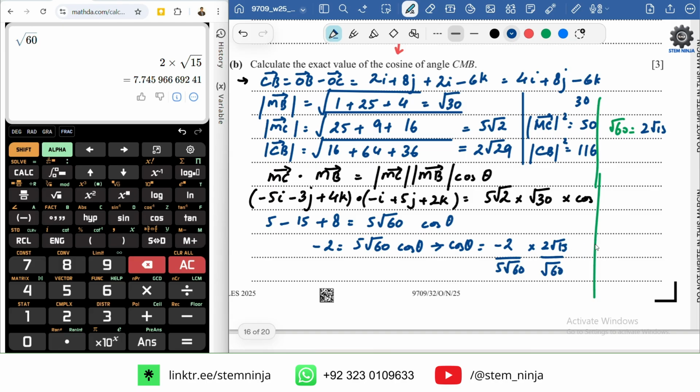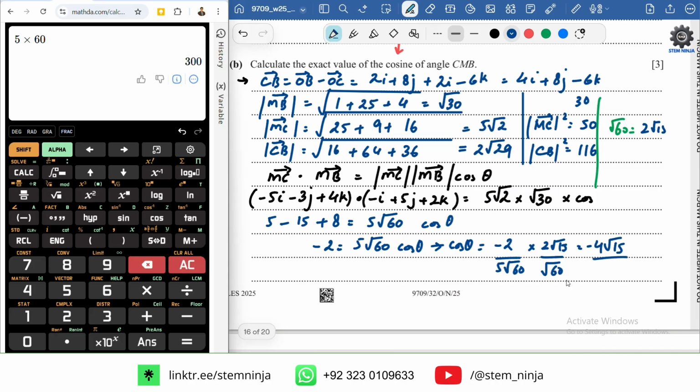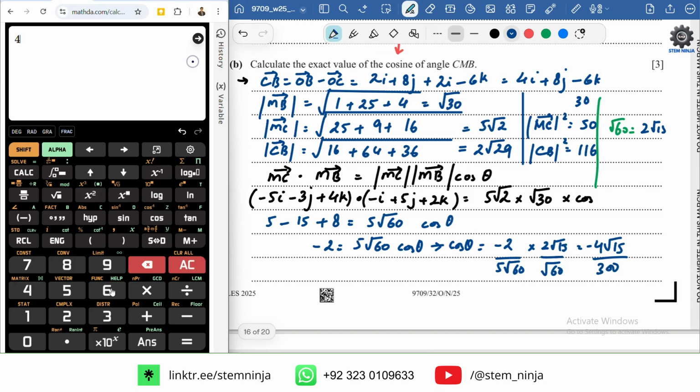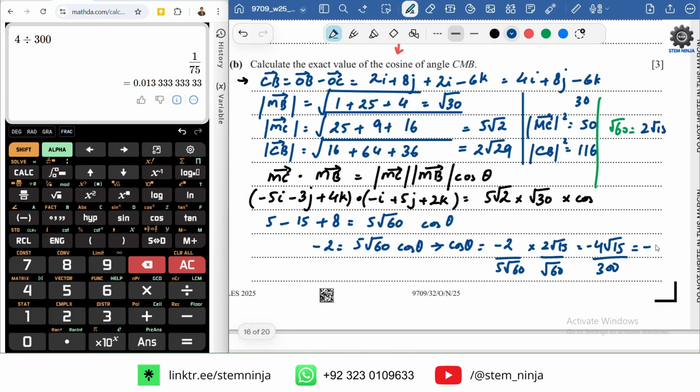So this would be just simply minus 4 root 15 over 5 times by 60 is like 300. So 4 divided by 300, 1 over 75. So minus root 15 over 75. Right, okay, so that's the cos theta value.